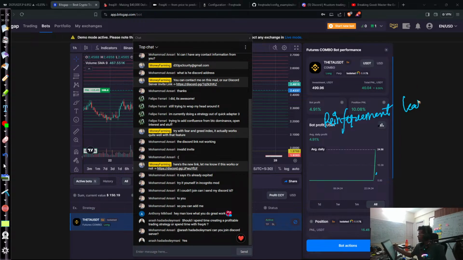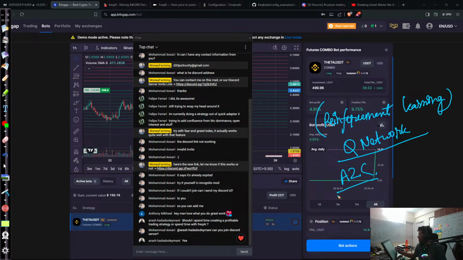reinforcement learning algorithm. We were using a Q network, and I also used A2C, A3C models, all this stuff.